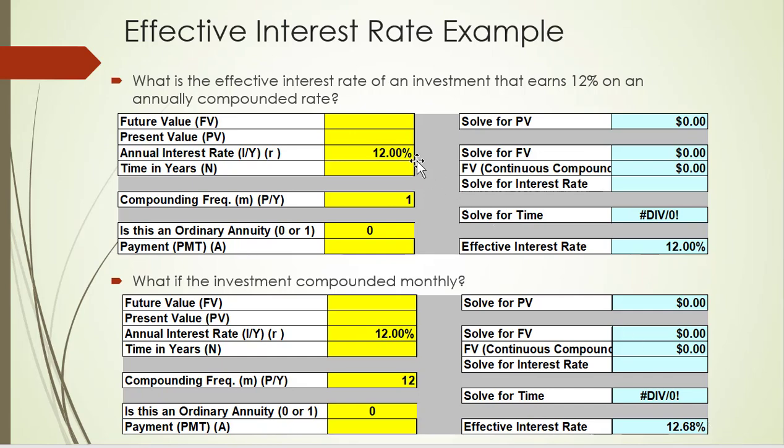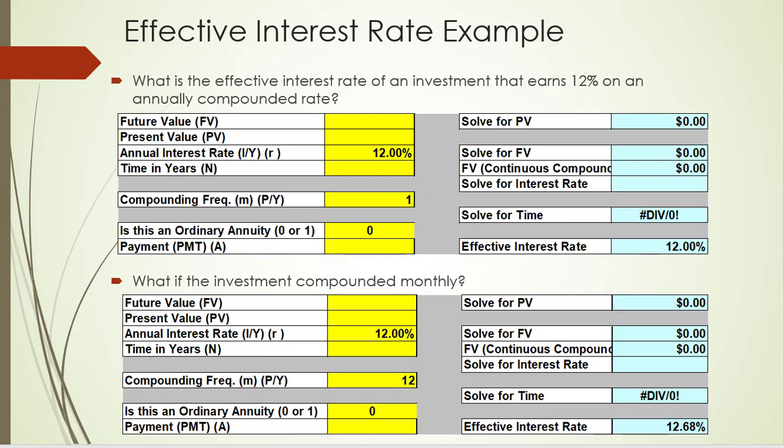So if you invested $1,000 at 12% with just one compounding, you would end up with $1,120. But if it compounded monthly, you'd end up with $1,268. You'd have an extra $68 that year because the interest is earning interest on a monthly basis.